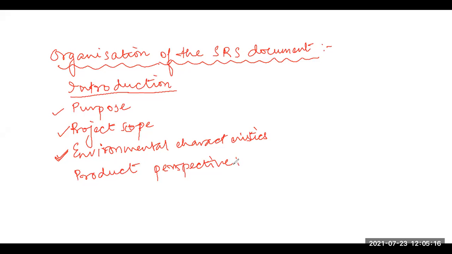If the software being developed is used as a component of a larger system, a simple schematic diagram can be given to show the major components of the overall system, subsystem connections, external interfaces, and all that.